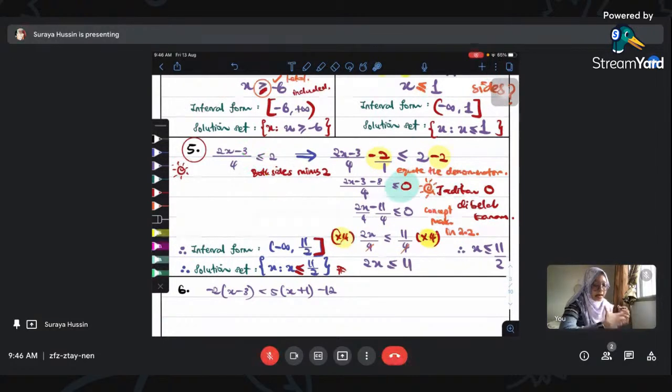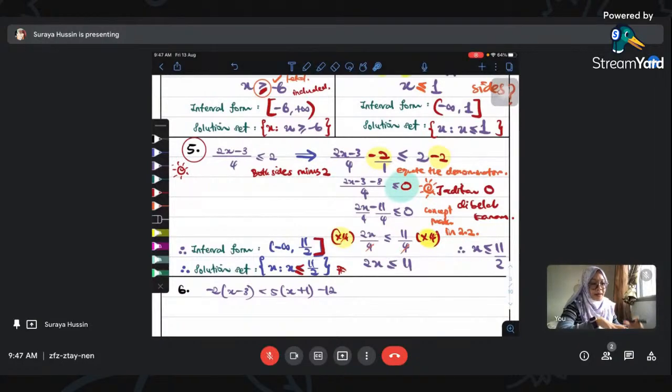Saya tak nak. Saya lebih nak mengajar mengenai both side tolak, both side darab, both side bahagi. Itu lagi tepat konsep matematik ni. Okay? Konsep matematik kamu kena kuat sebab there are a lot of misconception. Tapi saya nak mengajar benda yang betul.